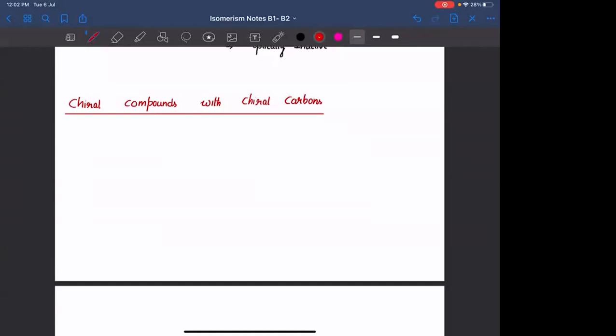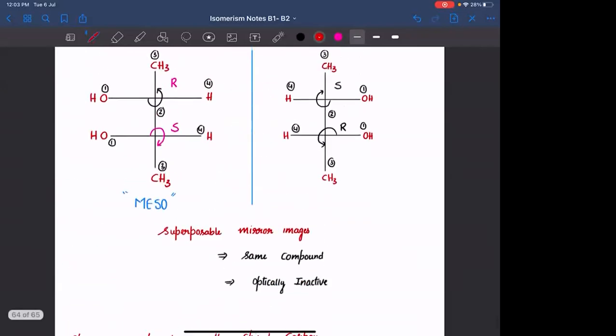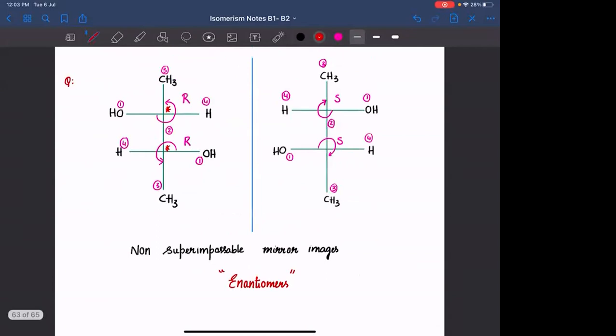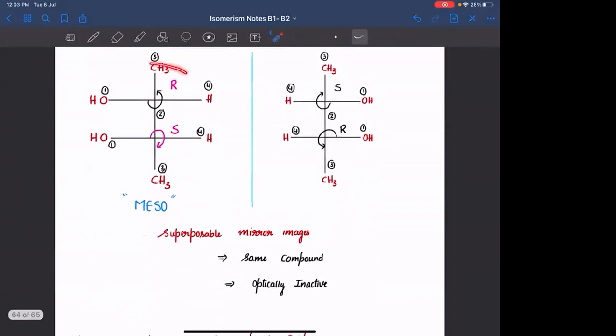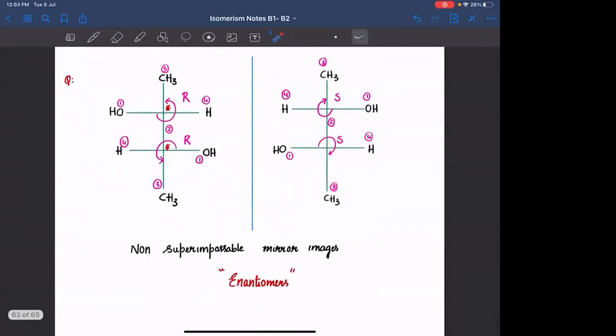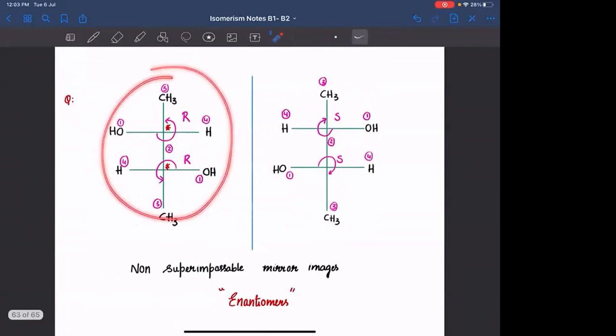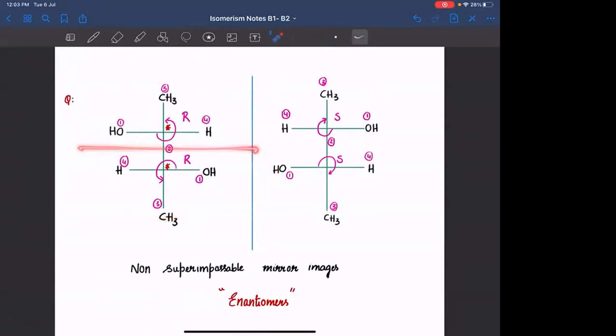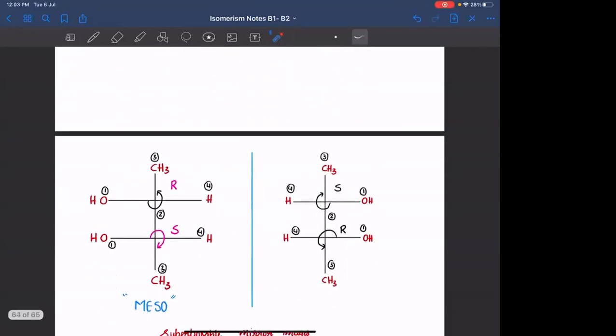If it is having more than one chiral carbon, यहाँ पे देखना. In this case, you are having two chiral carbons. In that case, it can be chiral or else it can be achiral. It can be chiral, which is the example for this, because this is not a symmetrical compound. यहाँ पे OH है, यहाँ पे H है. This is not symmetrical. Agreed? But in this case, this is symmetrical.